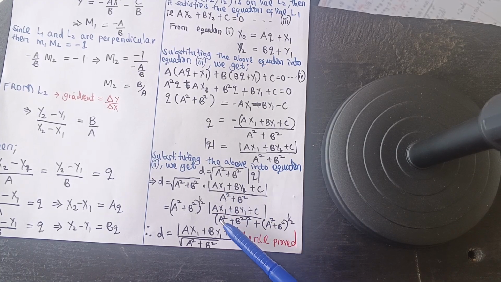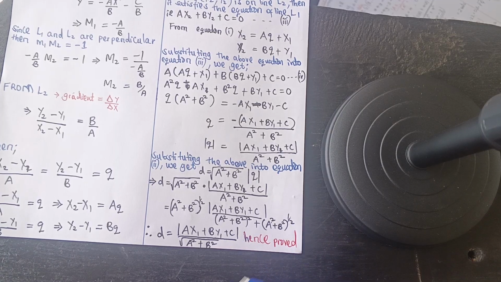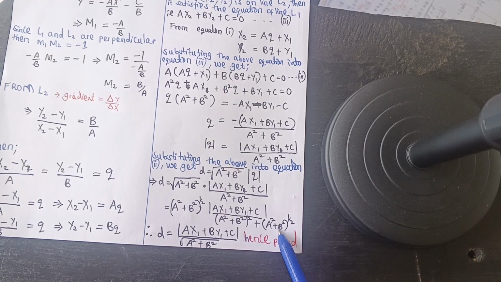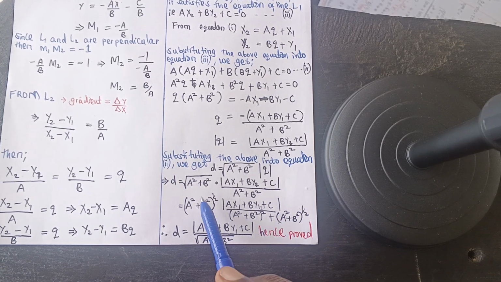So by doing nothing, I can say a squared plus b squared raised to a half, plus a squared plus b squared raised to a half. If you open the bracket, it will bring you back to a squared plus b squared. So this one is going to get cancelled with this one.